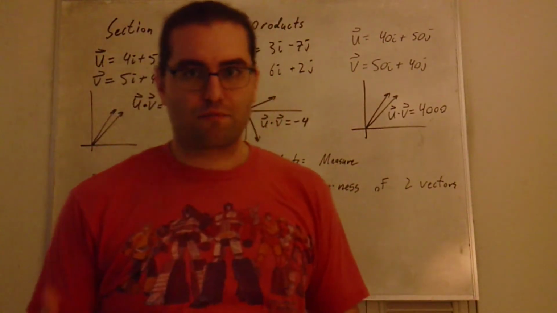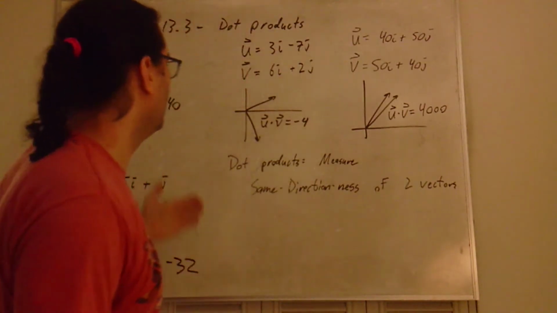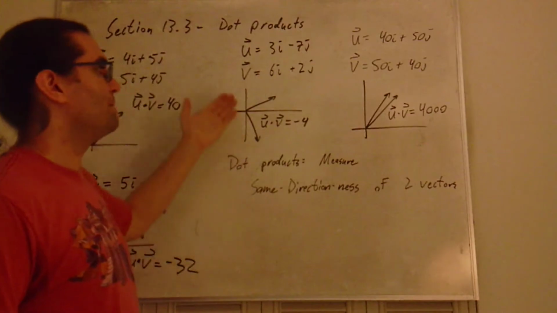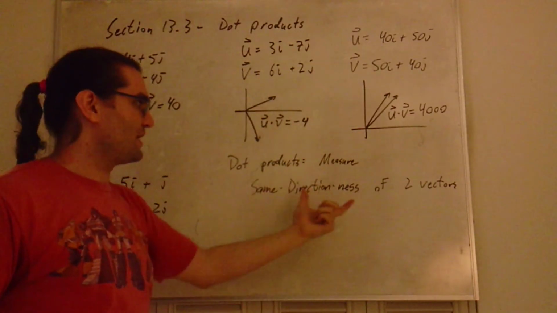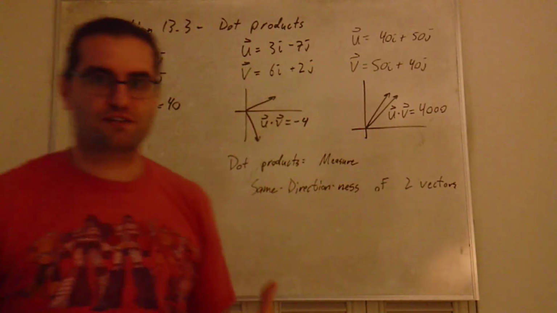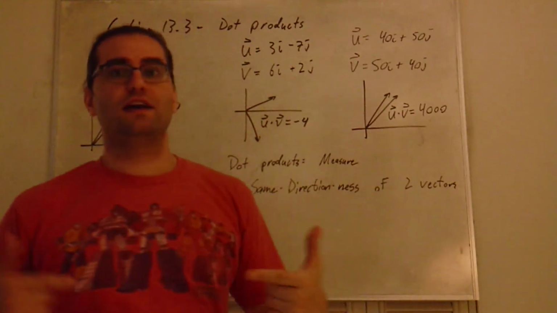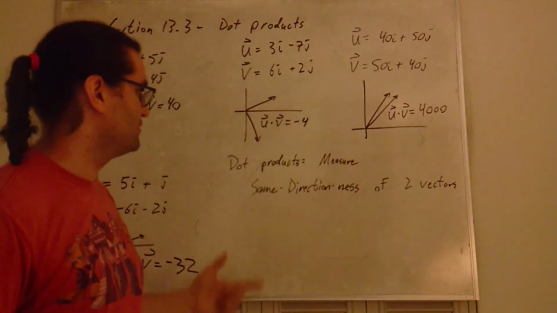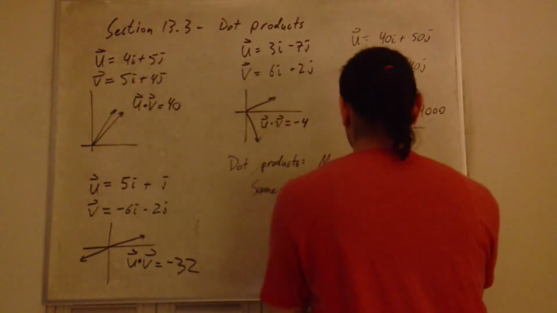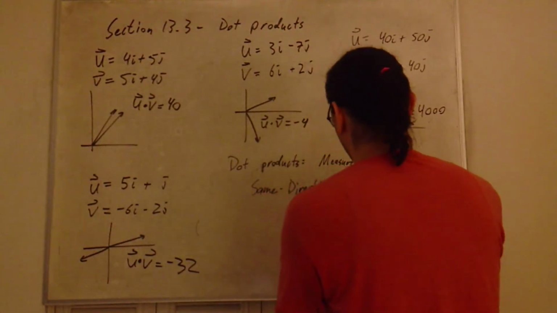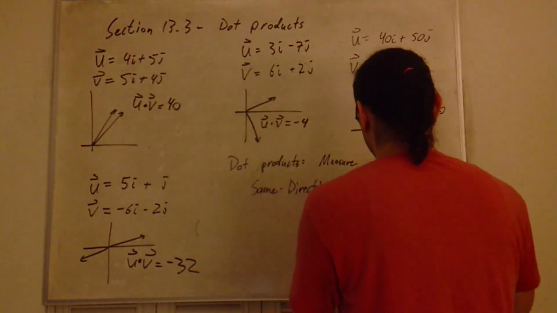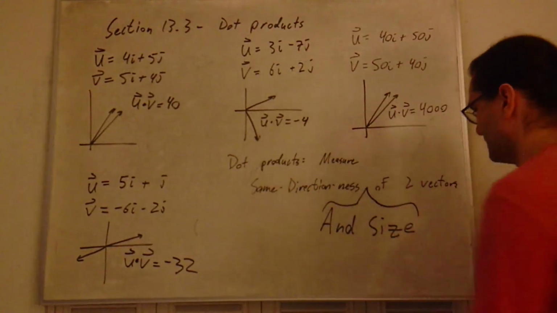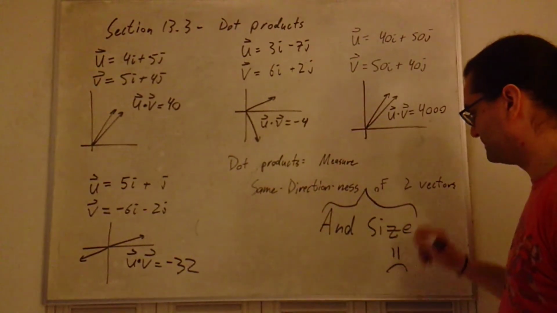So here's the problem that we get. Dot products do measure same directionness, but that metric of same directionness that you get out of the dot product is also dependent on the size of the vectors. So they measure same directionness and size of two vectors, which is kind of a bummer.